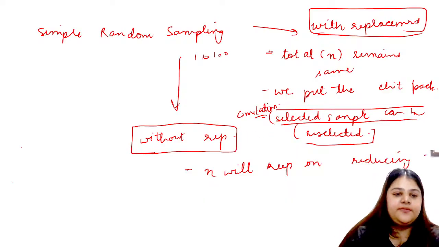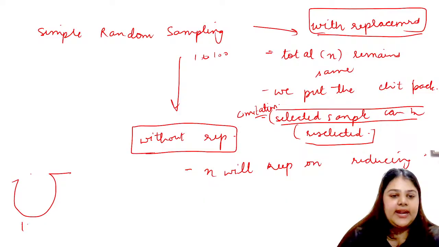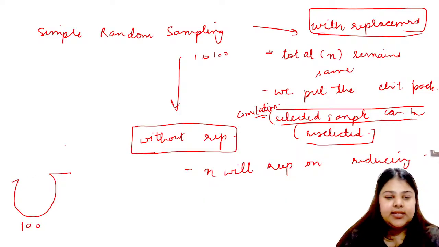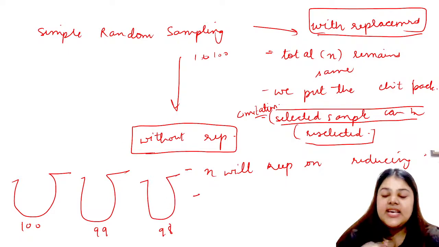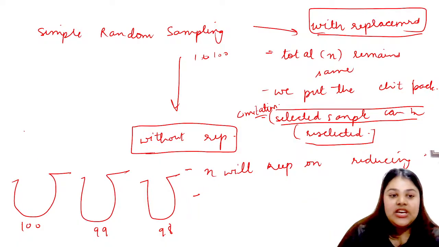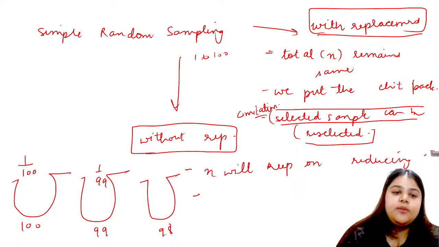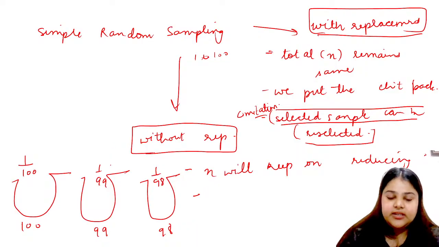For example, first of all, you had 100 participants, then next time you will be remaining with 99 participants, then 98, etc. Hence, every time the chances of getting selected will change. For the first time it was 1 by 100, then 1 by 99, then 1 by 98, etc. Right?